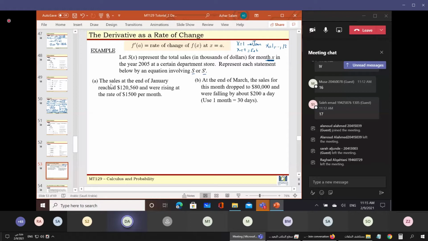Okay, the sales at the end of January reached this number, and were rising at the rate of 1,500 per month.